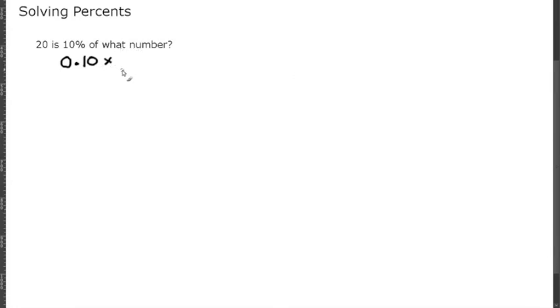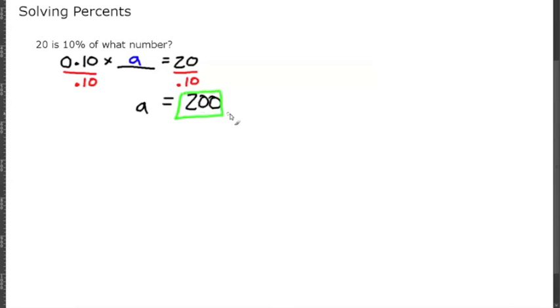So 0.10 times what that number is will give us 20. So in order to solve for this variable a, because we don't know what a is, we're just going to divide by 0.1. So if we divide both sides by 0.1, we're going to get that a is going to be equal to 200. That means that 20 is 10% of 200.